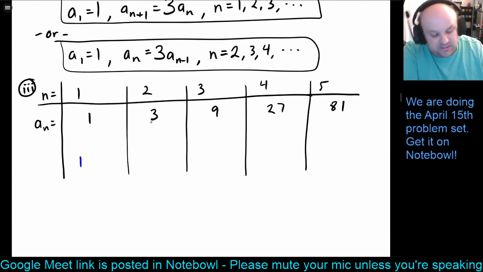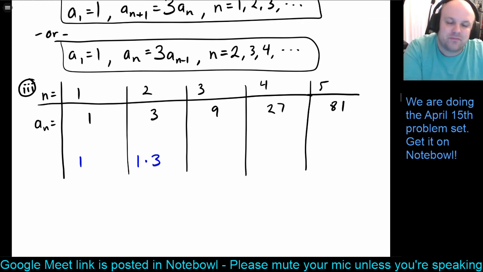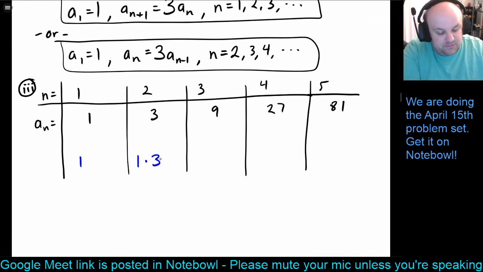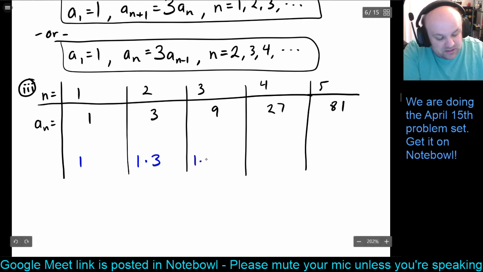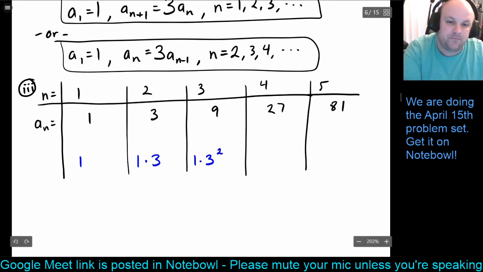To get from 1 to 3, we multiplied by 3. So I took that previous term 1, and I multiplied it by a 3. Here, to get from 3 to 9, I also multiplied it by 3. So that's 1 times 3 times another 3, but there's no point in writing 3 times 3, so I'm just going to call this 3 squared.